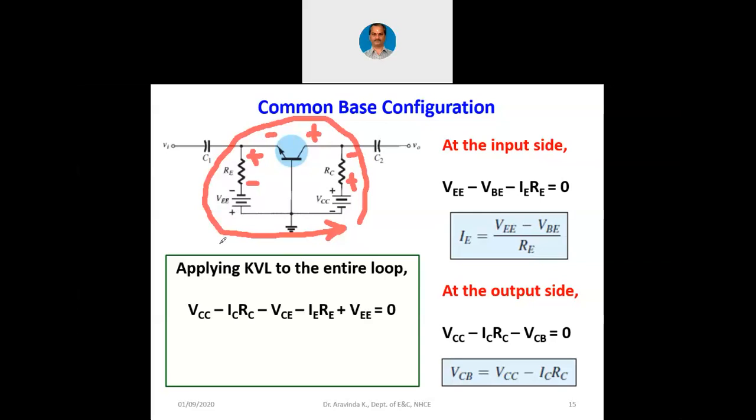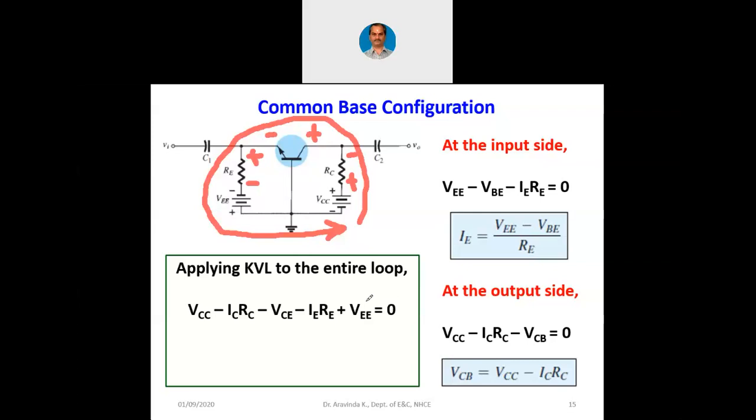Now, if the direction of this VEE is in the other direction, imagine it will not work in the circuitry. Still, for the sake of example, if the direction of this VEE is reversed, then this VEE becomes minus there. You are going to study all these things in the course called network analysis, where you will work out a lot of exercises on node analysis and mesh analysis for arriving at the voltage drop across passive components.